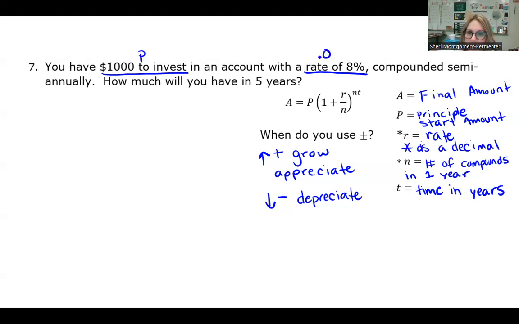It's 0.08. You got to move it 2 spots every time, 2 spots. So compounded semi-annually. Like a semicircle. How many pieces are in a semicircle? 2. It's a half. So semi means 2. And how much will you have in 5 years? So that we have all the pieces we need.